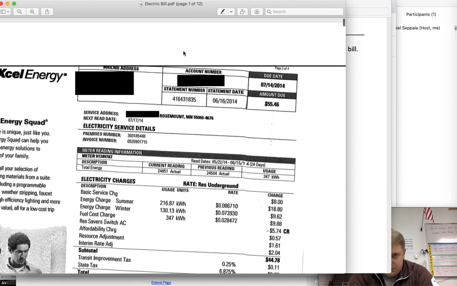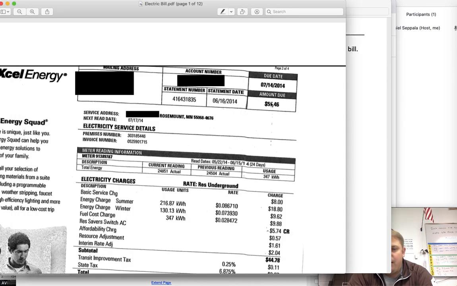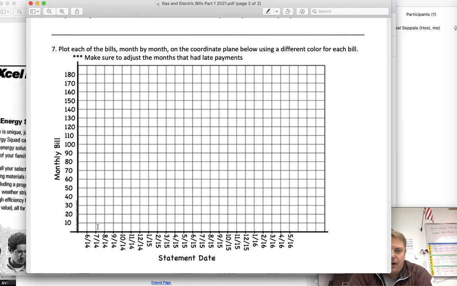The very first bill's statement date is June 16th of 2014. That's where we're graphing the x-coordinate of 6/14, because it's June of 2014. The bills are in order, so you can scroll through and graph June, then July, then August. The amount on here is very specific, $55.46. When you plot it, it's fine to put it roughly between 50 and 60. It doesn't need to be super precise.